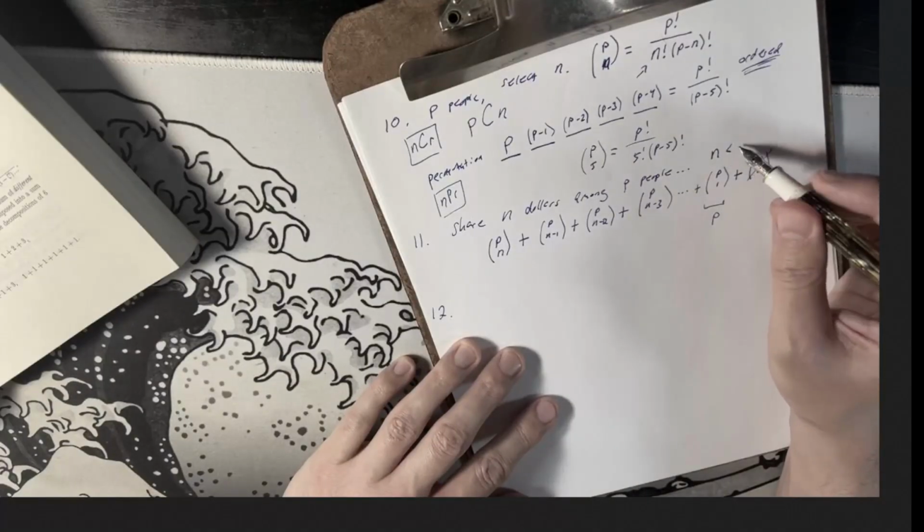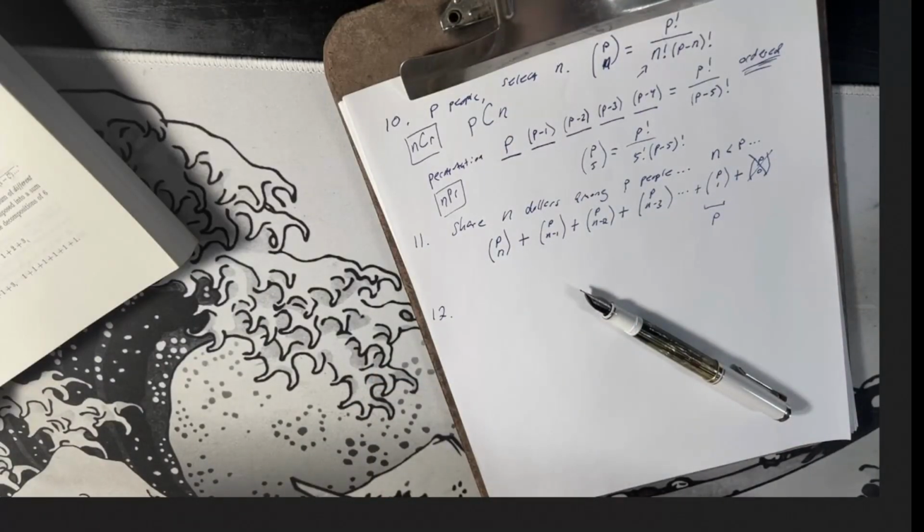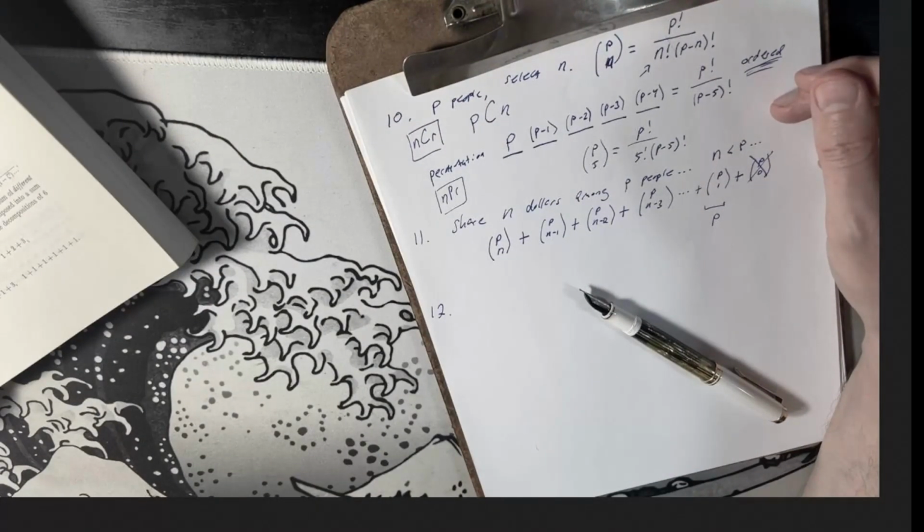I sort of assumed N was less than P. It's not a problem if it equals P. But if it's more than P, obviously my formula makes no sense.